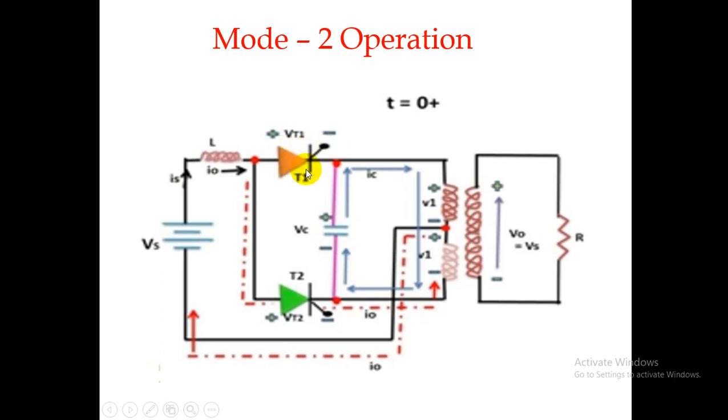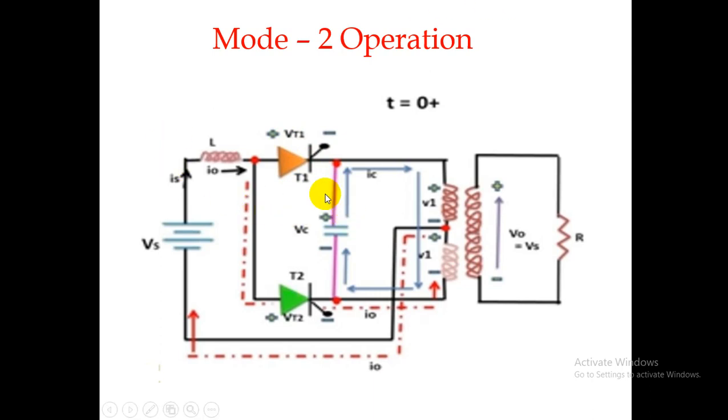Automatically it is going to counter the anode current of the thyristor, making its value less than the holding current, and immediately the thyristor comes back to its forward blocking mode and it's going to be off.